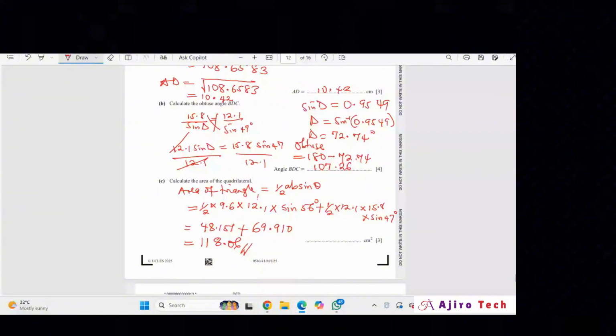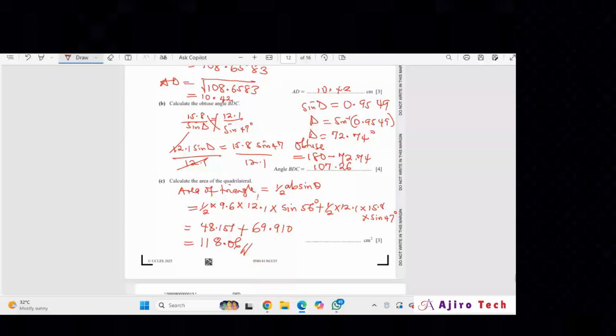Let's try it and solve at once. Just press your calculator: 1/2 times 9.6 times 12.1 times sine 56, plus 1/2 times 12.1 times 15.8 times sine 47.